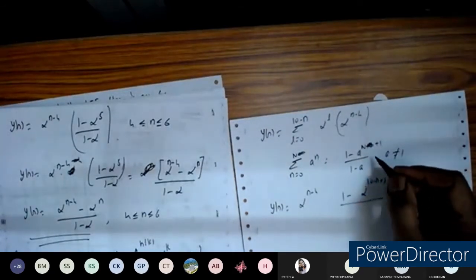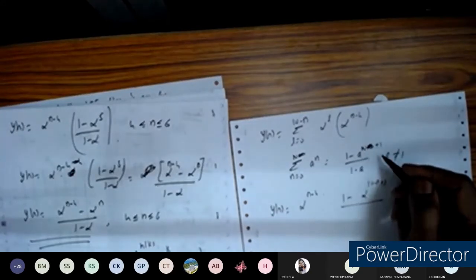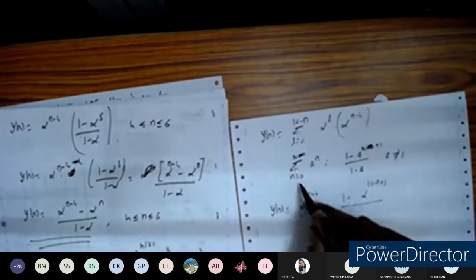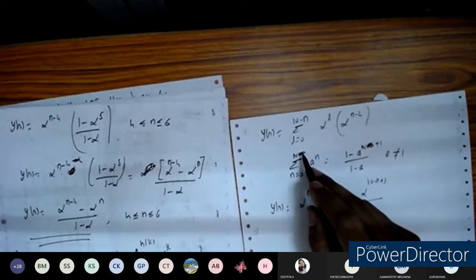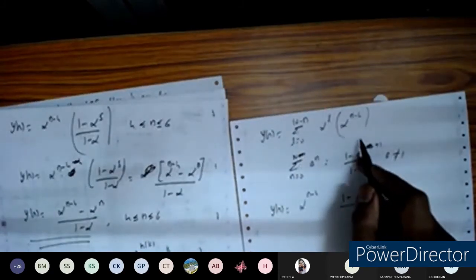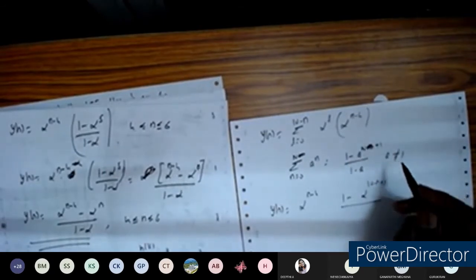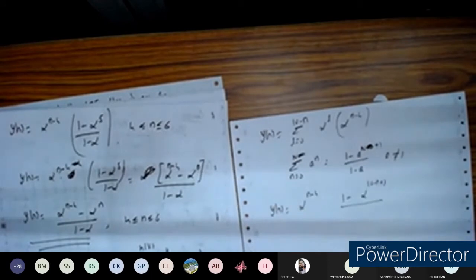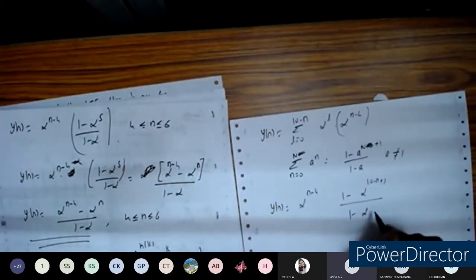What is the formula for sum of n terms? Summation n equals 0 to n. So it is n plus 1 here. Right? My voice is audible now? Yes, sir. The formula is correct? Yes, sir. n plus 1, sir.